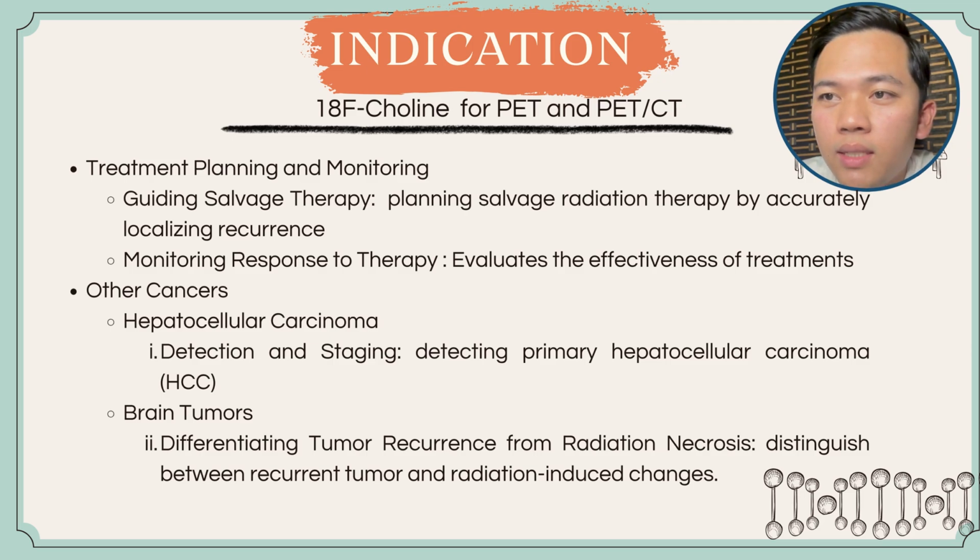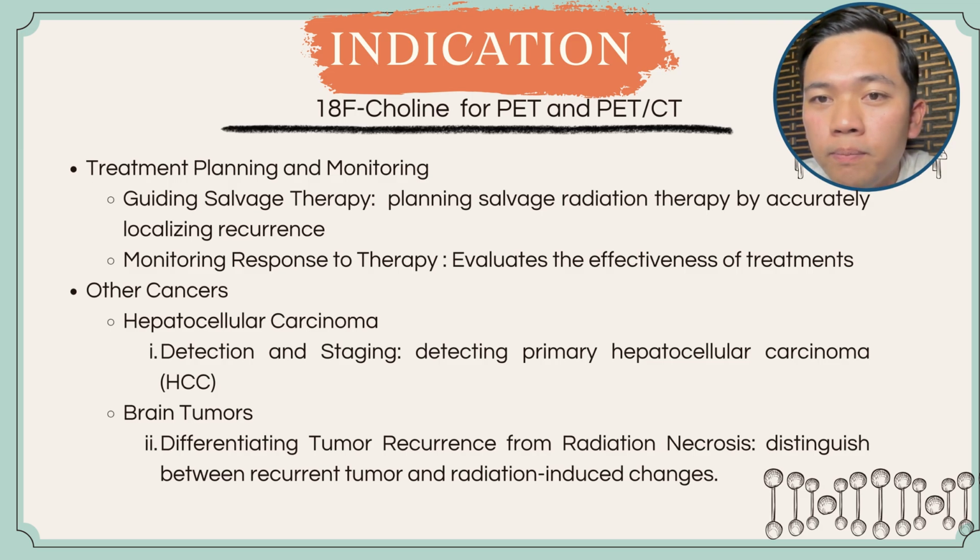Okay, now we discuss the role of 18F Choline in treatment planning and monitoring for prostate cancer, as well as its application in other cancers such as hepatocellular carcinoma and brain tumor. Firstly is the treatment planning and monitoring of prostate cancer, guiding salvage therapy.